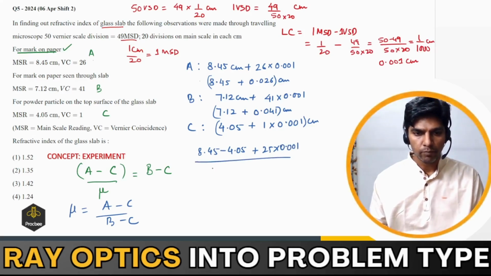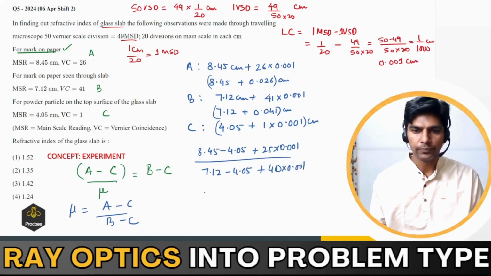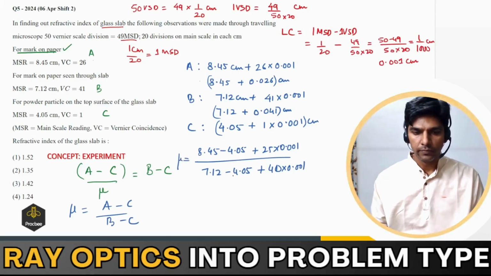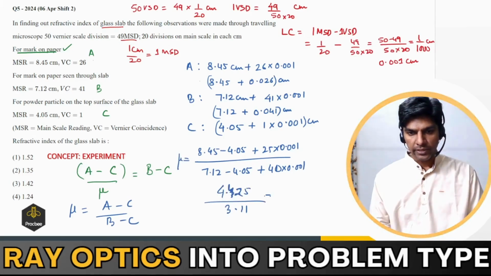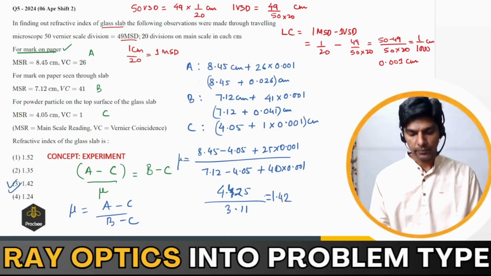Divided by B minus C. So B minus C will be 7.12 minus 4.05, plus 40 times 0.001. So that will be the refractive index. Let us simplify this. The answer comes out to be 1.42 by simplifying this. So it will be option 3. That is the right answer.